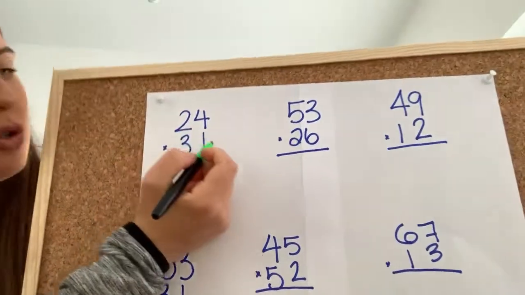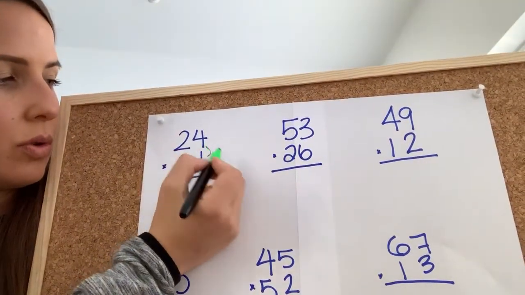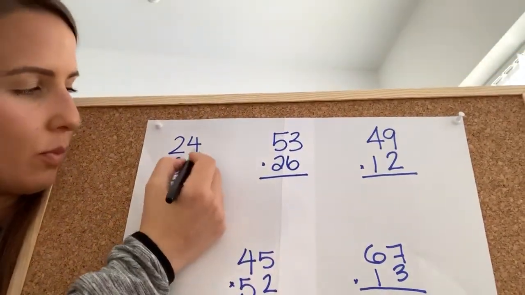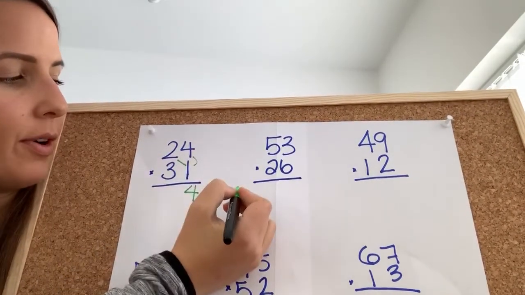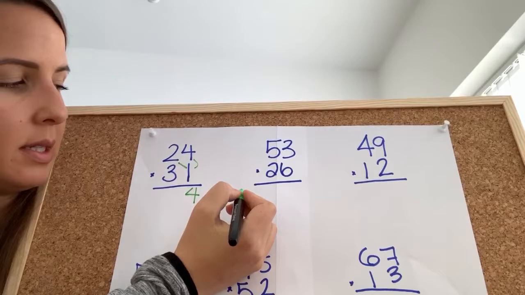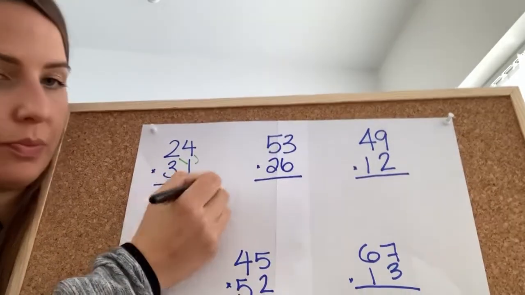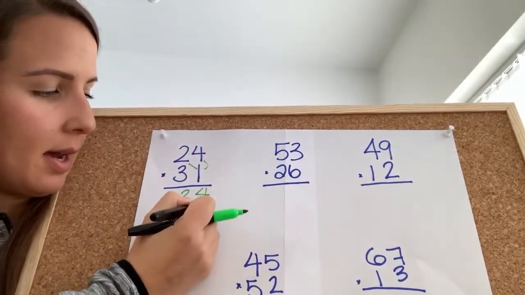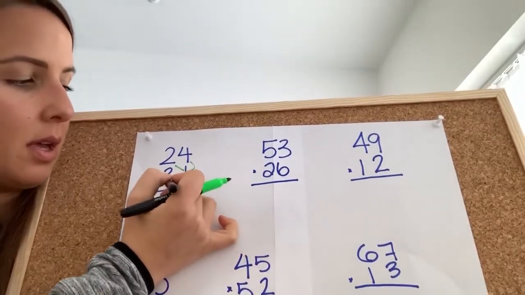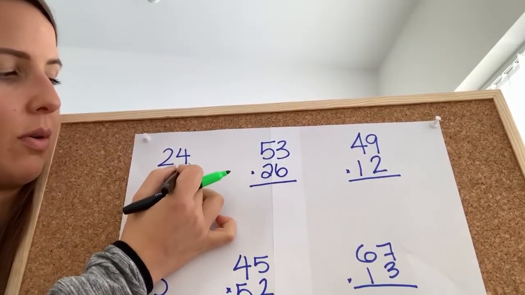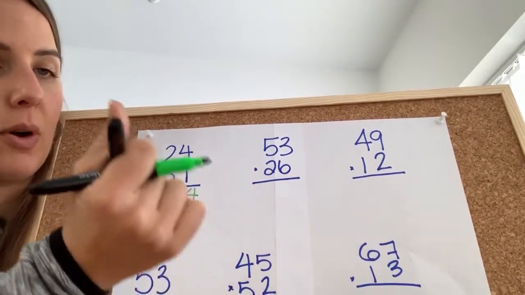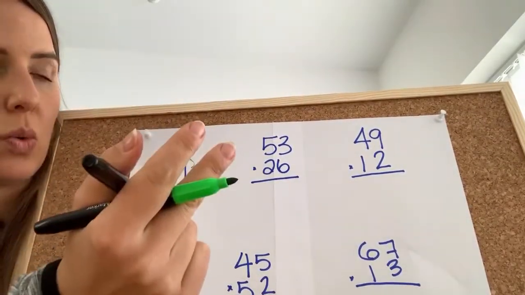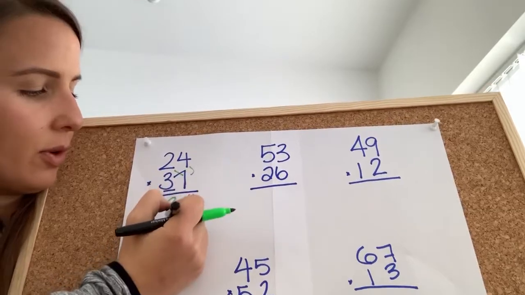So, go up. 1 times 4 is 4. Go over. 1 times 2 is 2. Add the 0. Start over here. Go over. 3 times 4 is 4, 8, 12. 3 times 4 is 12.